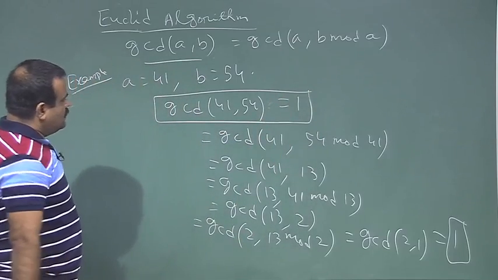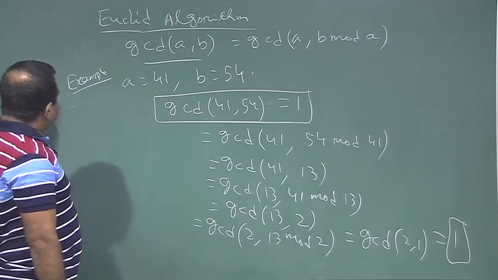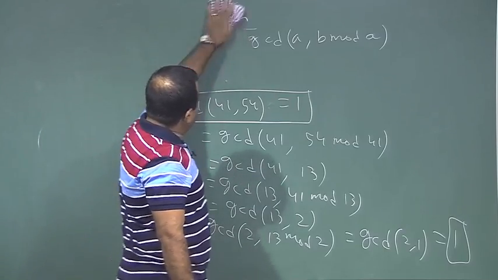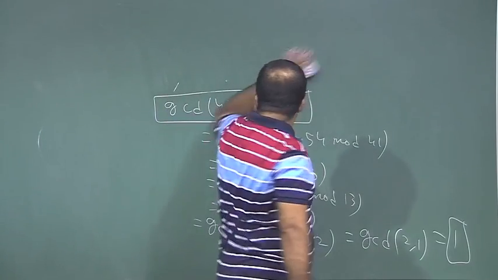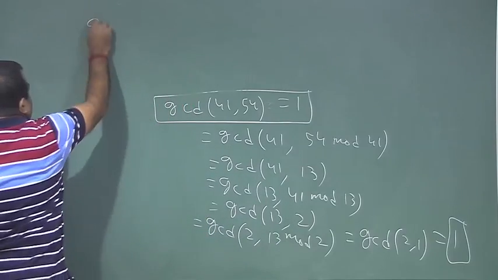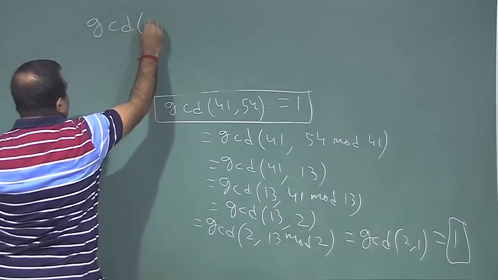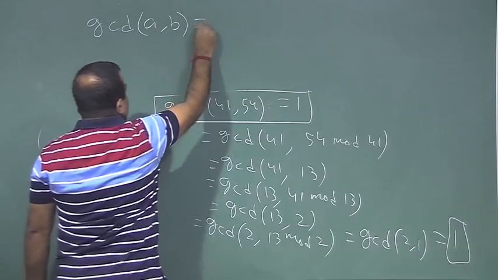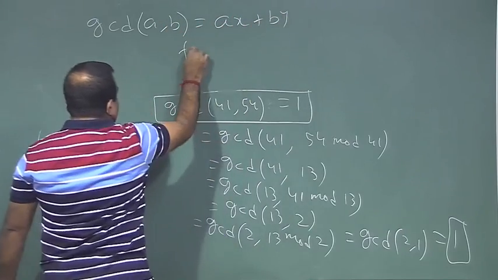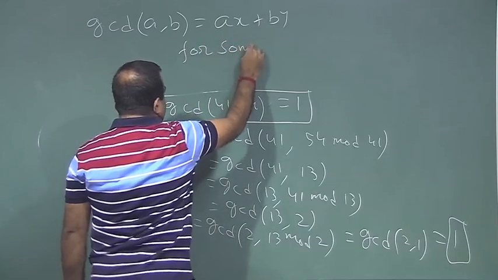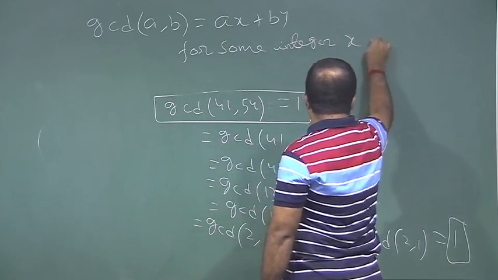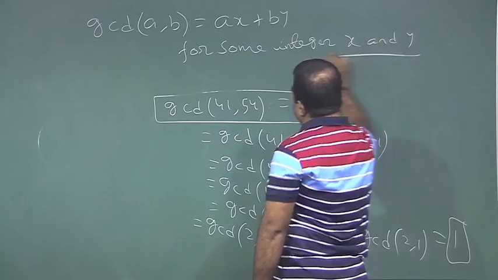Now we will prove a theorem: GCD of a, b can be written as ax plus by for some integers x and y.